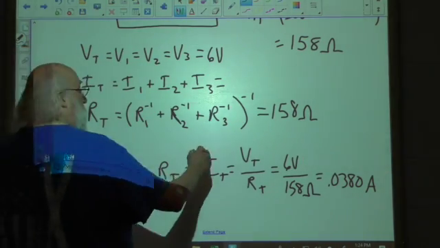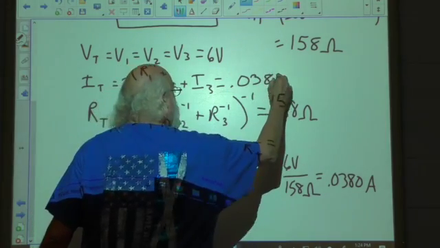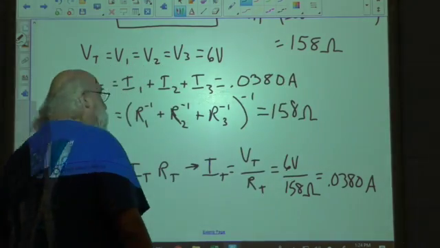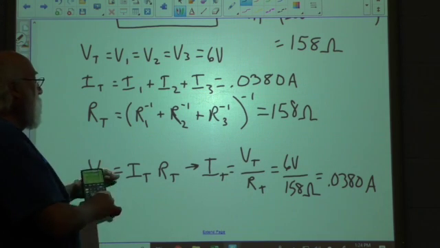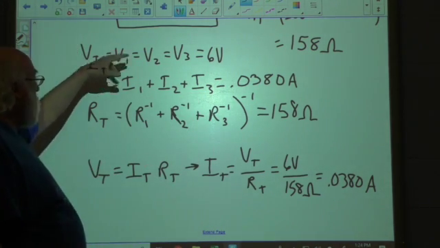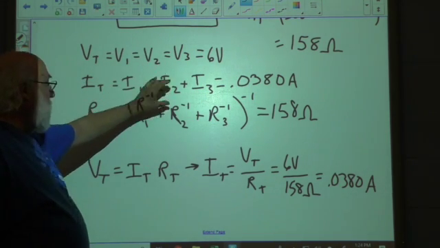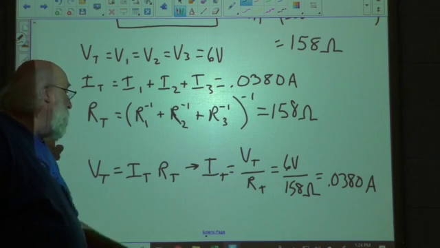So I'll put 0.0380 amps right there. So we already know the values of R1, R2, R3. We already know the values of V1, V2, and V3. So now we need to find the values of I1, I2, and I3.